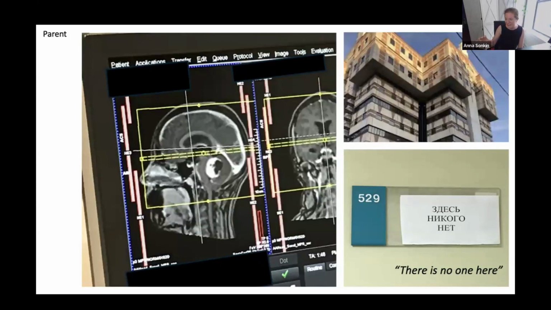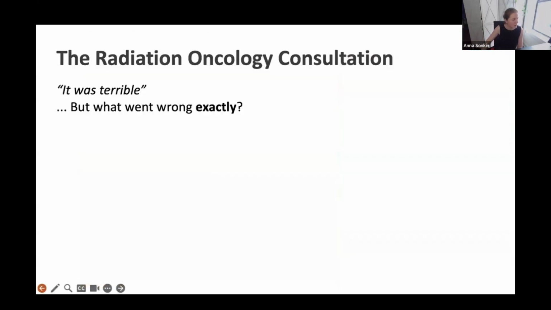In a dark corridor, there was this door, and somebody put a sign saying, "There is no one here." And that really reflected the loneliness that we experienced in that hospital. So what I'm going to talk about specifically is the radiation consultation that we had after her tumor grew and she needed that next phase of treatment.